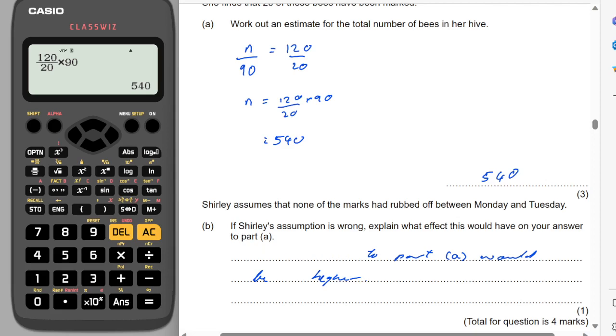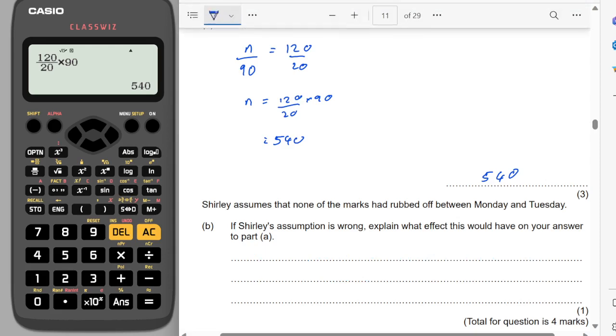So if some of the tags had fallen off, let's say 2 tags had fallen off, but I still caught 20, then it would actually mean that there would be less bees in the hive.